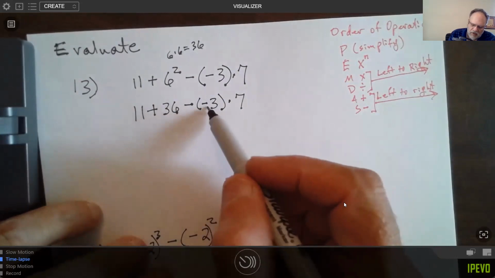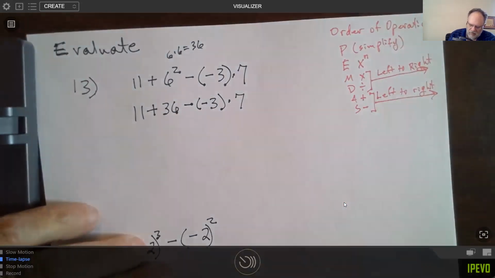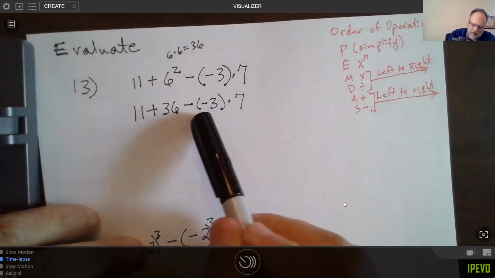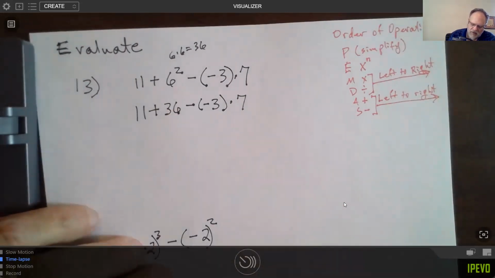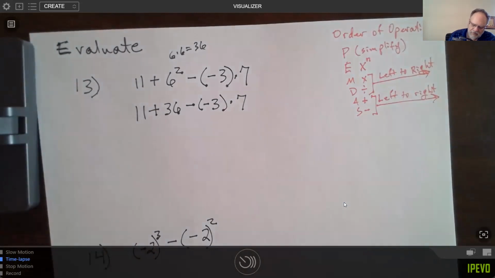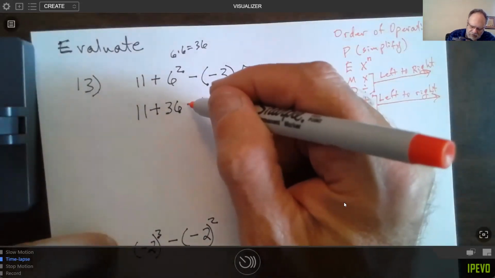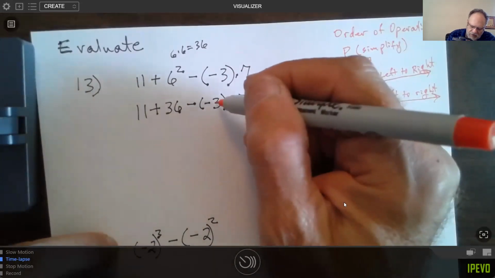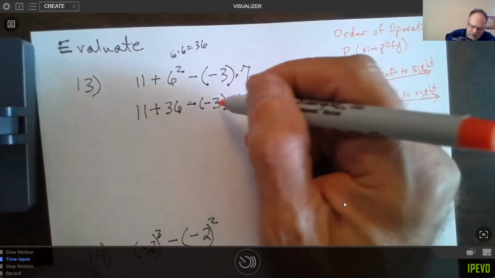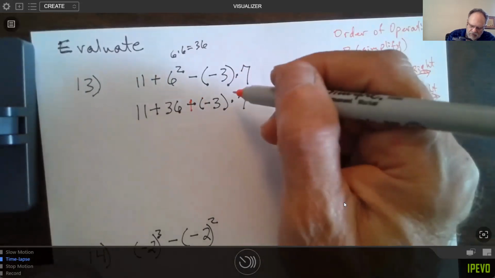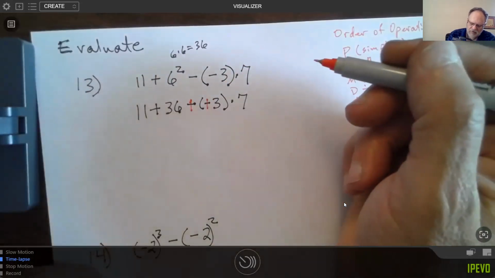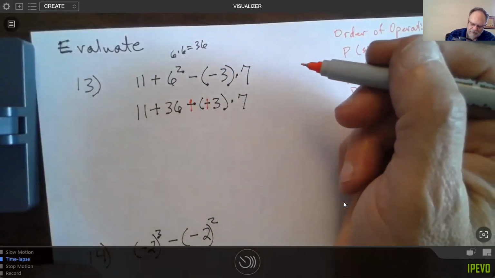And here we have minus a negative 3, so that would be considered like multiplying negatives. Negative times negative is a positive. We can also look at this as the opposite of a negative 3 is a positive 3. So minus a negative is a positive, so that becomes a plus 3.